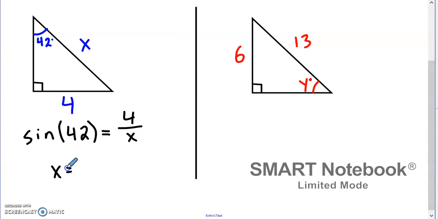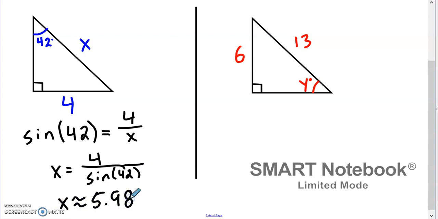So we get that x is equal to 4 divided by the sine of 42. We simply take our calculator, punch that in, so we have 4 divided by the sine of 42, and we get about 5.98. So we get x is about 5.98.